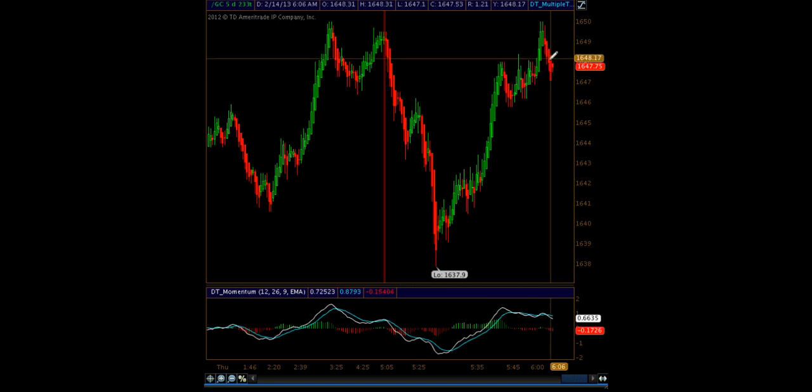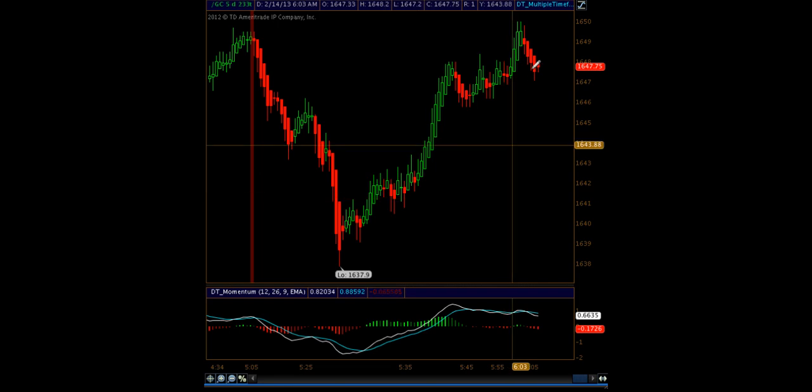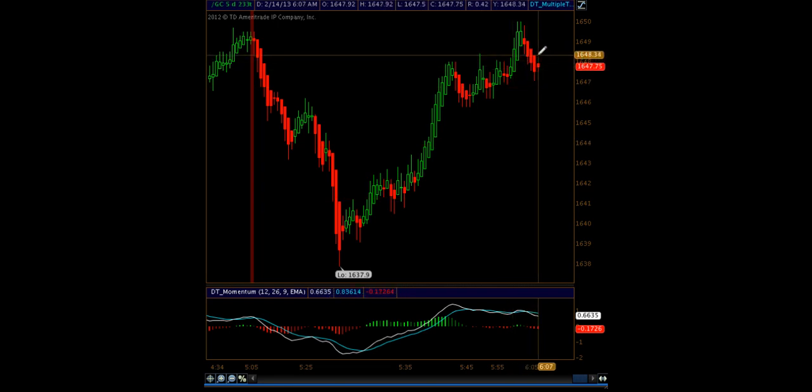So right now, the high of the previous candle here would be at 1648.3. So 1648.40 would be the stop right now. So we'd still be in this position. Definitely guaranteed 6 ticks on this. I'll just keep letting this play out.